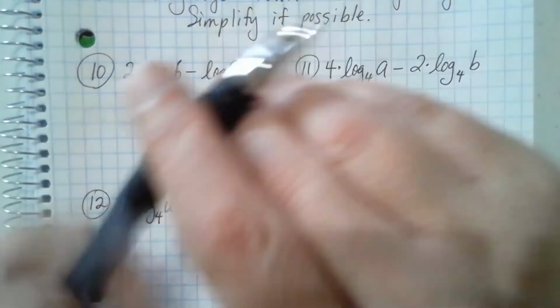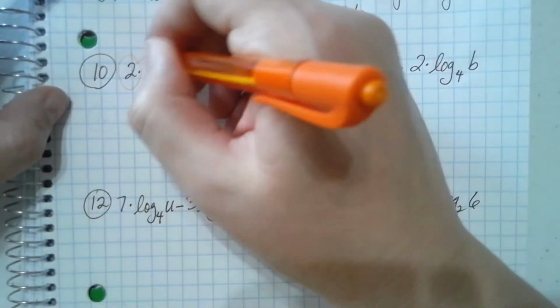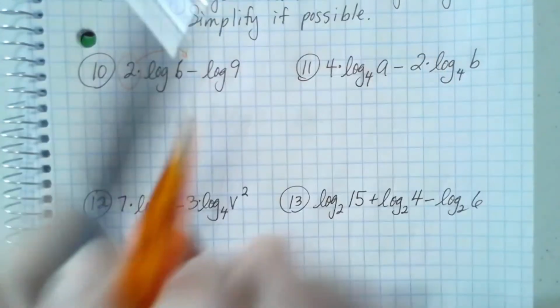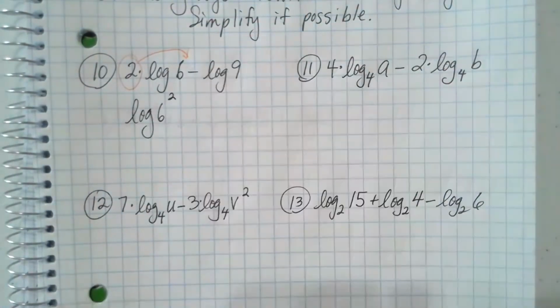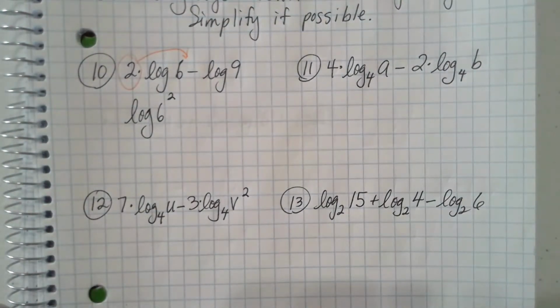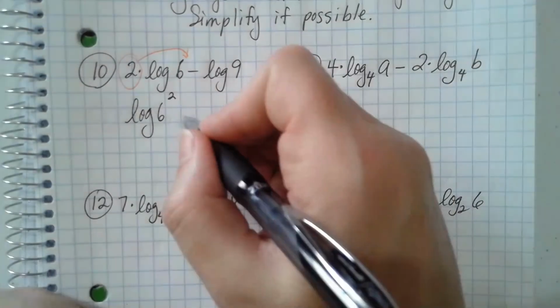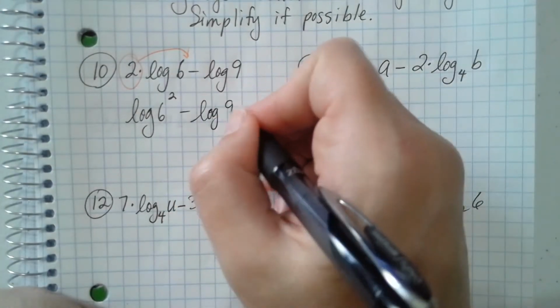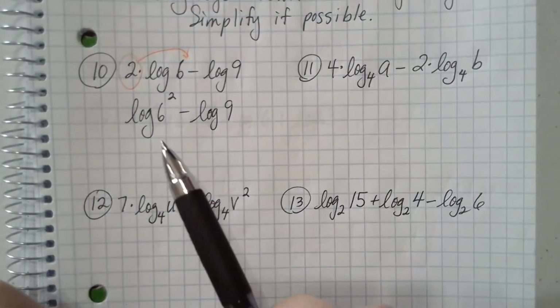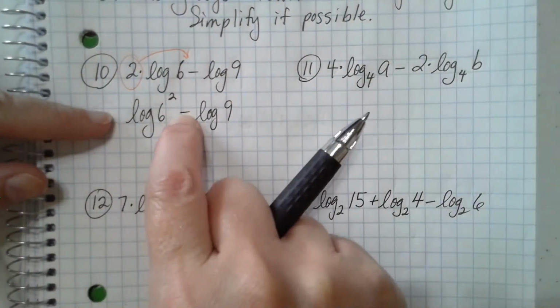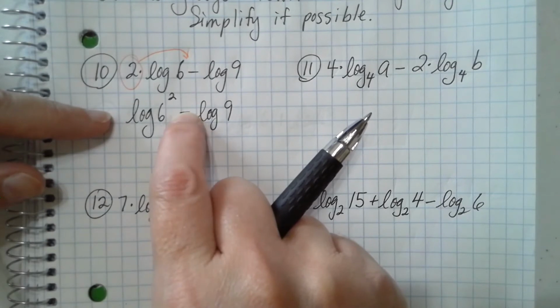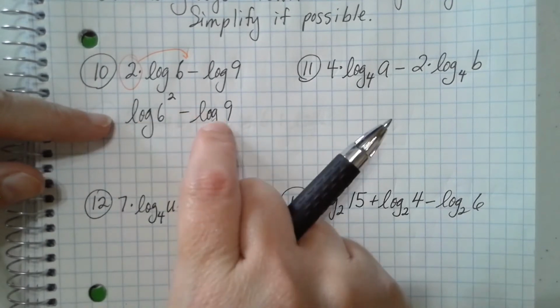So this 2 is going to come over onto the 6, and it's going to say log 6 to the 2nd power, minus log of 9. Now I have a subtraction sign in between my two logs with the same base.